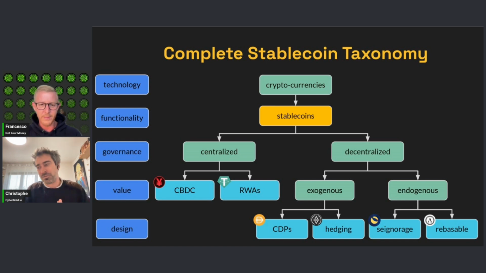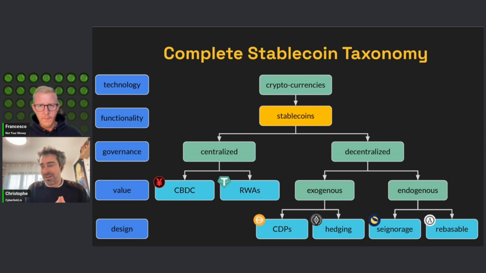Yeah, you're right that in fact centralization has its drawbacks. It has its own pros also, we have to recognize, but its drawbacks as well, such as, you're right, opacity in the reserves. So now you have to trust the company that says to you that they own the reserves.